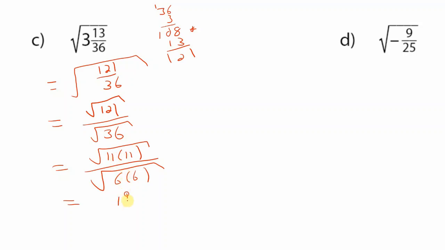So we have 11 at the top, we keep one 6 at the bottom. It is an improper fraction, top bigger than bottom. So how many times does 6 go into 11? Once. Remainder 5. At the bottom we keep the 6.